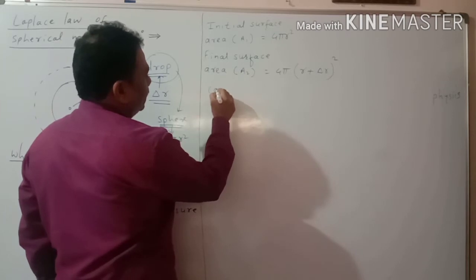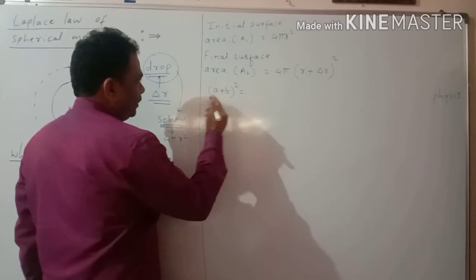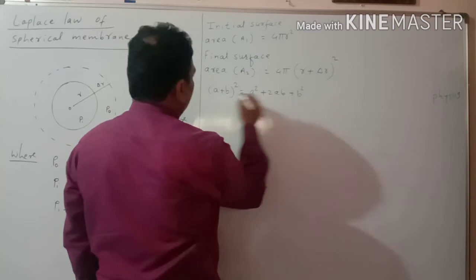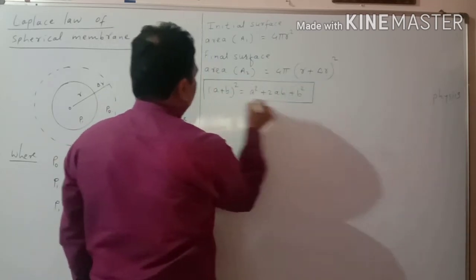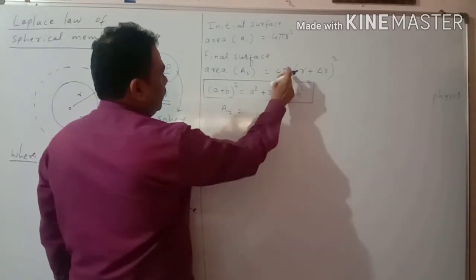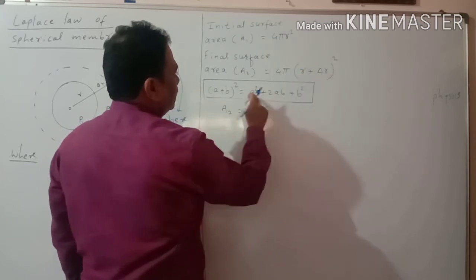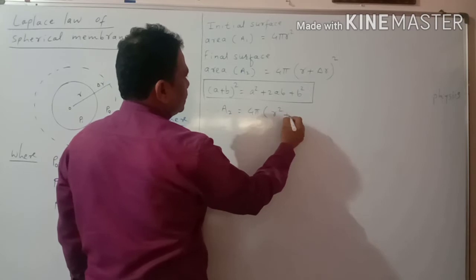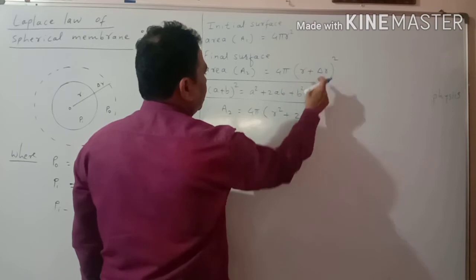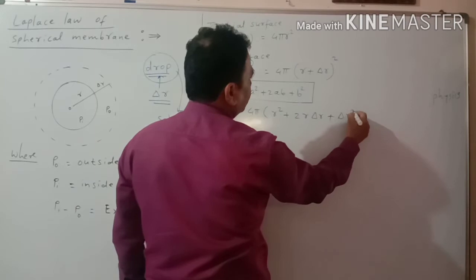Now we know the mathematical formula a plus b whole square, and you are familiar with it: a square plus 2ab plus b square. Now you can apply this formula here. So the final area of the liquid drop will be 4 pi into r square plus 2r into delta r plus delta r square.